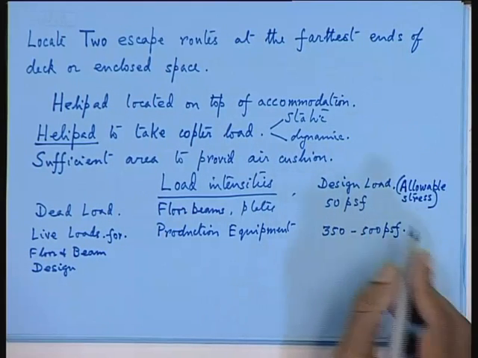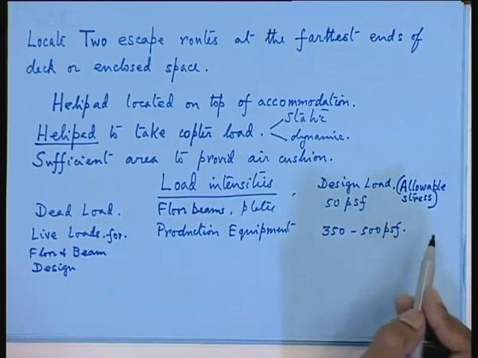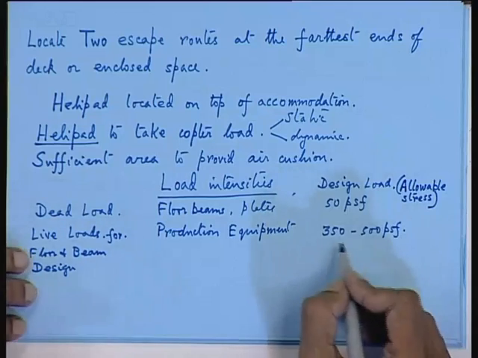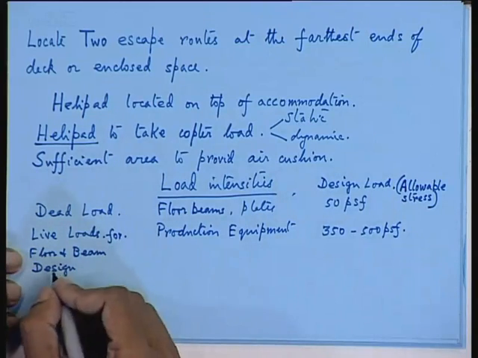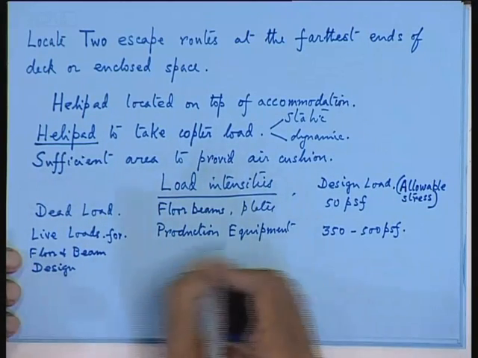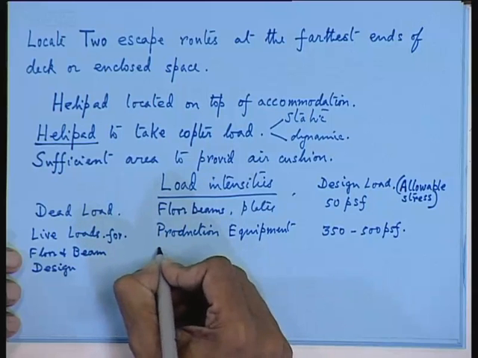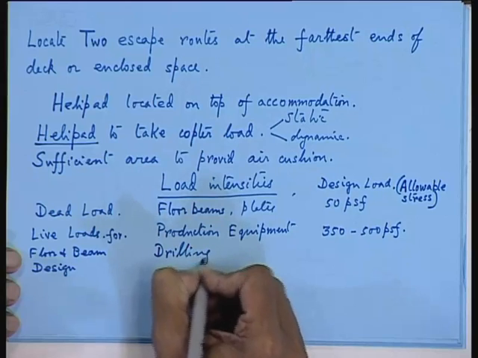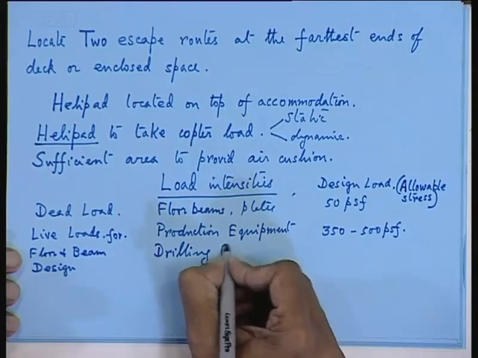Normally in shipbuilding, if you open your Lloyd's Register etc., you will find about allowable stress. So, these are actually your allowable stresses for all these structures. Production equipment, then you have drilling equipment. So, these will cause a lot of loads, especially your dynamic loading is going to come.